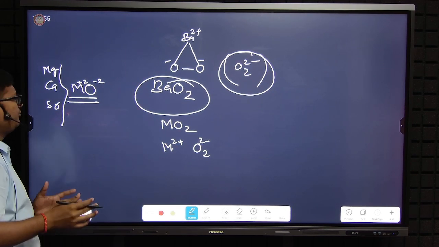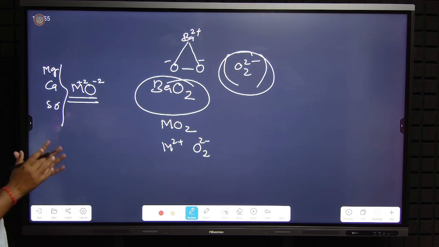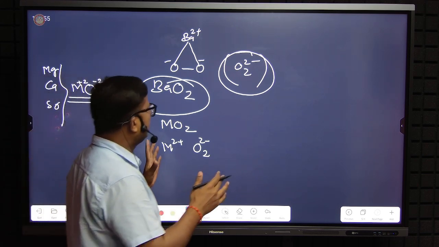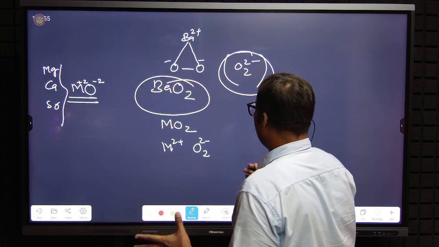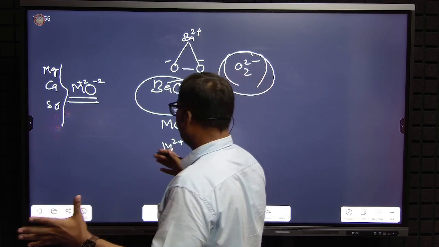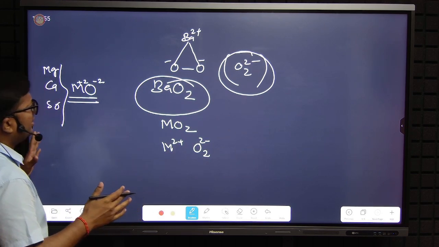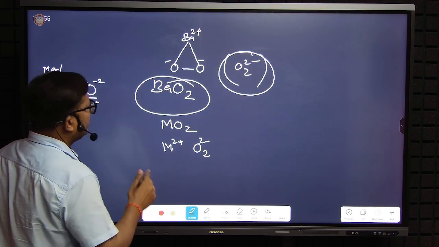Because of equivalent charges, the lattice energies are not so different. They are comparable, but not entirely comparable because of the size effect.